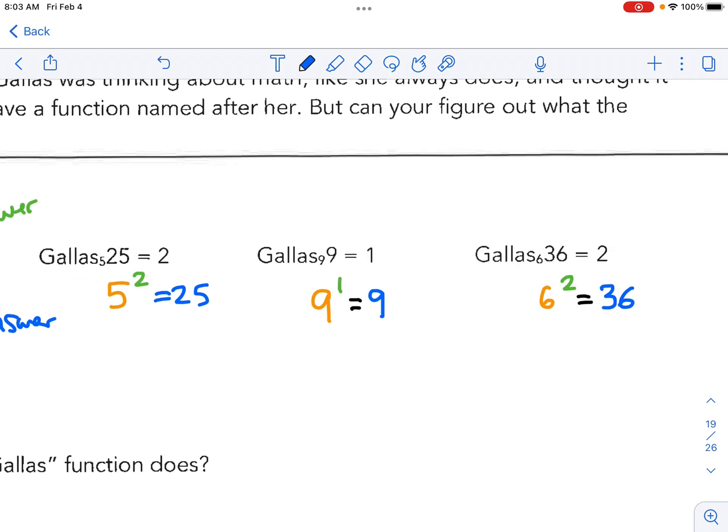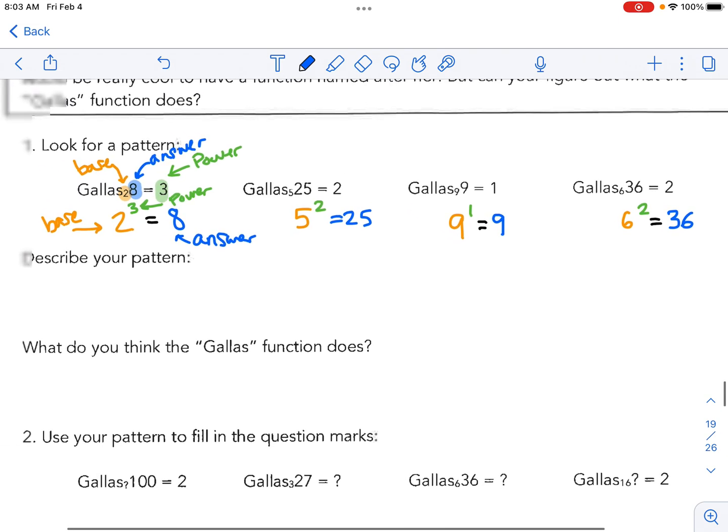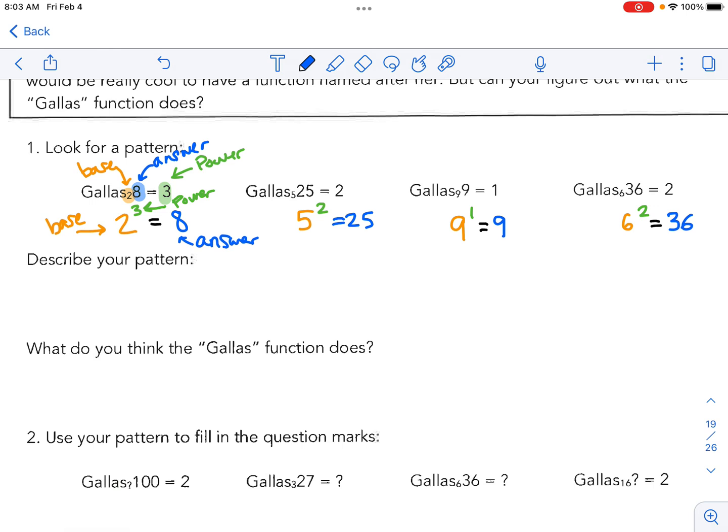So we've seen the pattern that explains what her new function is all about.